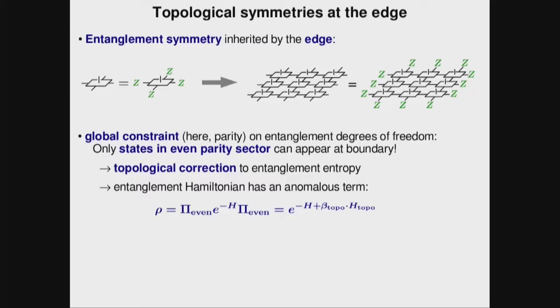If I look at the entanglement spectrum, so the way in which these degrees of freedom are entangled with the outside, it can be anything you want, but it will be projected to the even parity subspace, because this can only happen in the even parity subspace. So I could have something which is described by some one-dimensional Hamiltonian, and then projected to the even parity subspace. This projection is completely non-local.